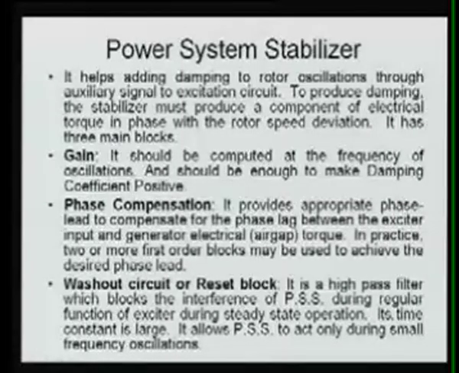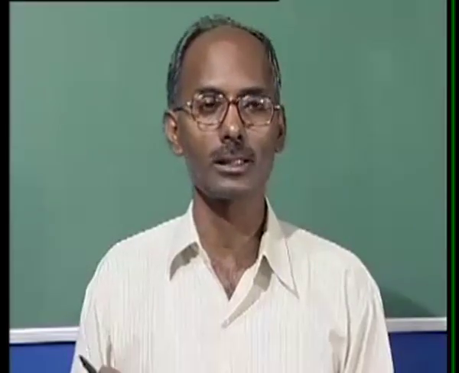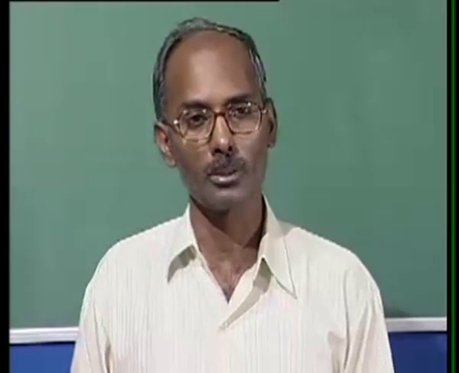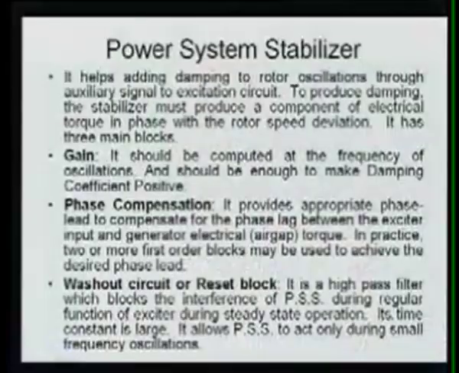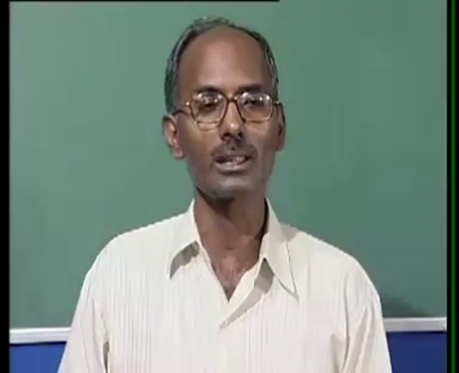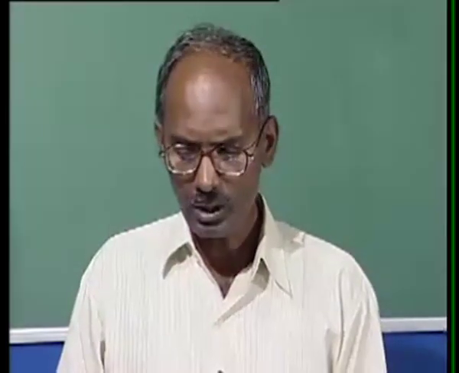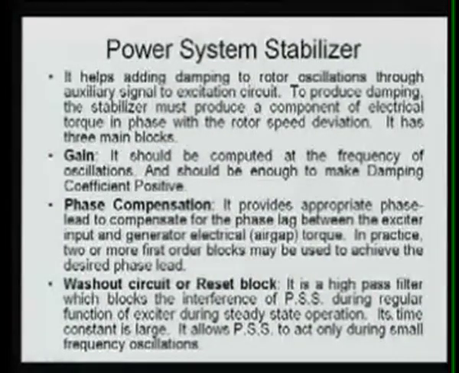In the previous lecture, I was drawing the DC excitation type 1, where I said there will be one auxiliary signal coming from the power system stabilizer. That signal, given by the power system stabilizer, adds some extra signal to your excitation system. To produce damping, the stabilizer must produce a component of electrical torque in phase with the rotor speed deviation.